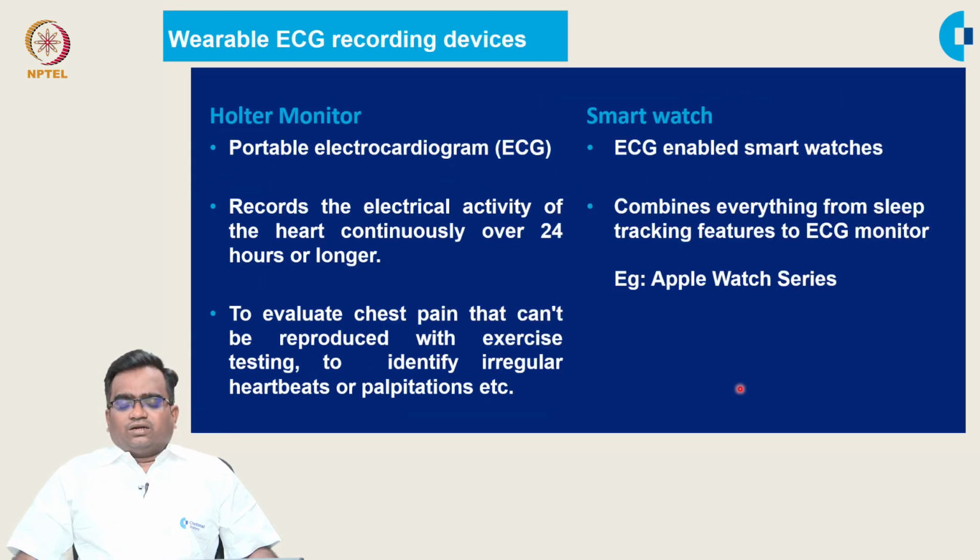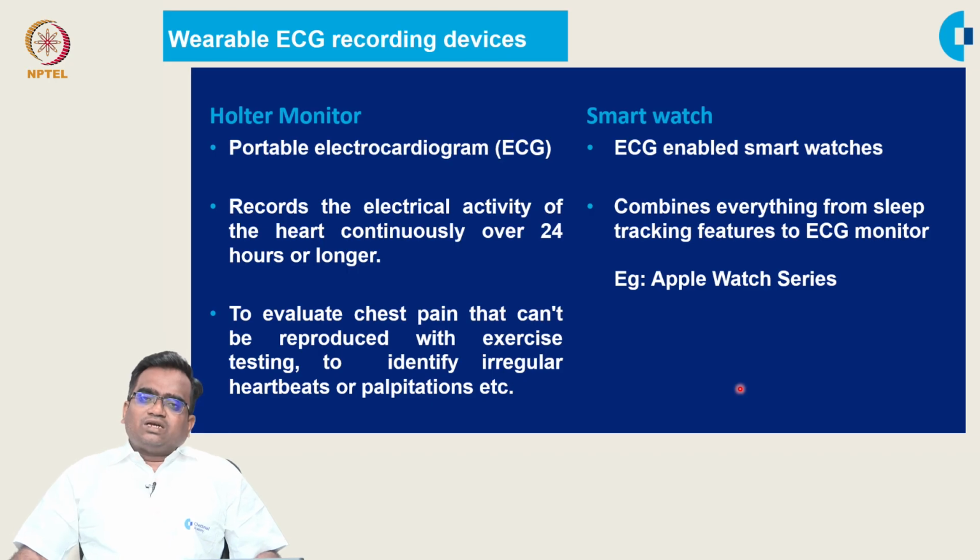antiseptic lotion. Next, we can see the other ECG devices where ECG can be recorded, that is, wearable ECG recording devices. Among the available ECG recording devices, number 1 is the Holter monitor. A Holter monitor is a portable electrocardiogram which records the electrical activity of the heart for a longer duration, that is from a day to even many days.